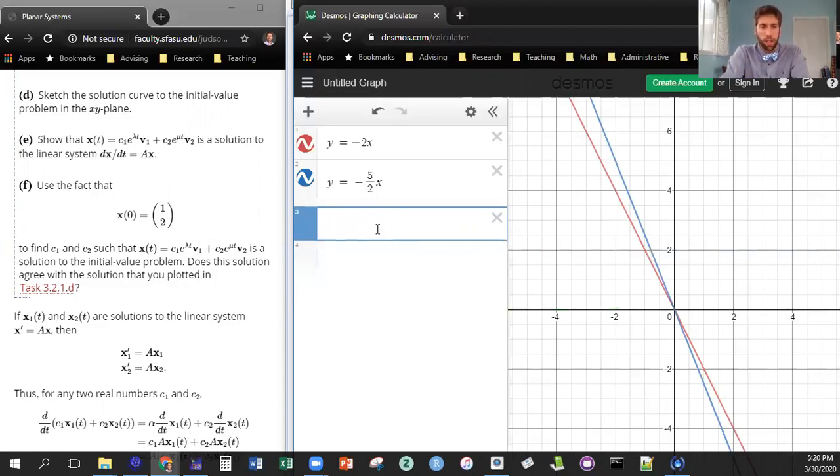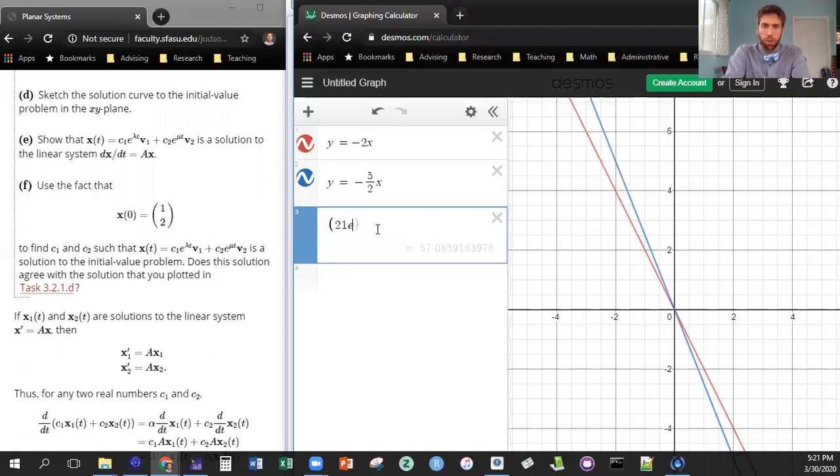Here's the deal, because I've got an x and a y here, put your x before the comma and your y after the comma. So then your x terms are all on the top. So x is c1 e to the 3t times the vector 1, 2, so we're doing the top first.